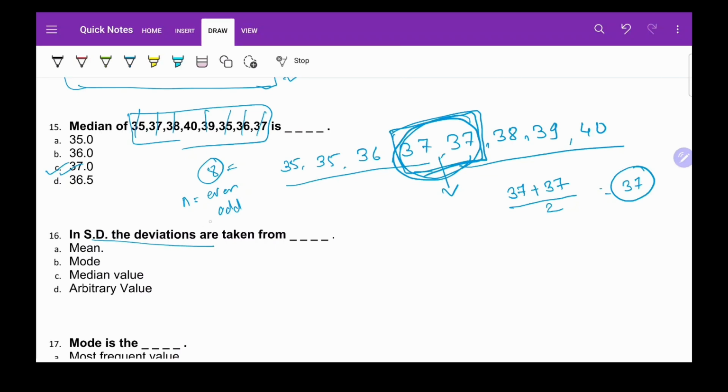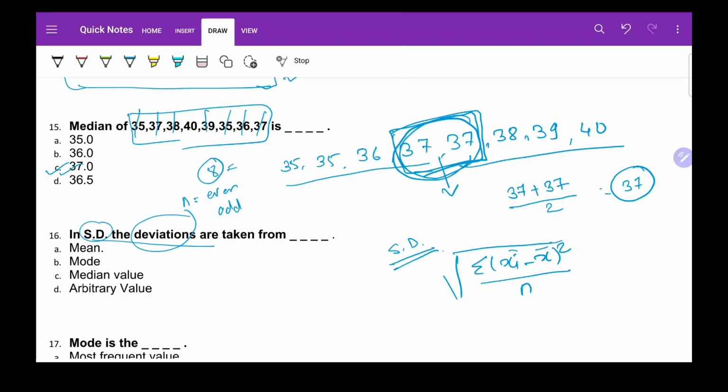In standard deviation, the deviations are taken from? Now, as we know, standard deviation is the most commonly used measure of deviation. And the formula for standard deviation is square root of summation of xi minus x bar square upon n or n minus 1.